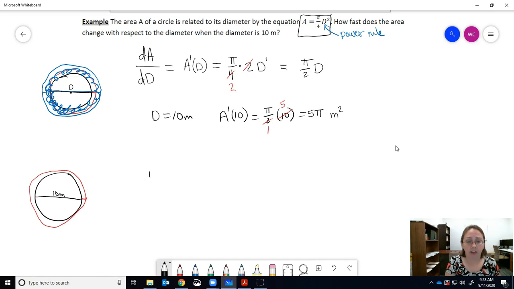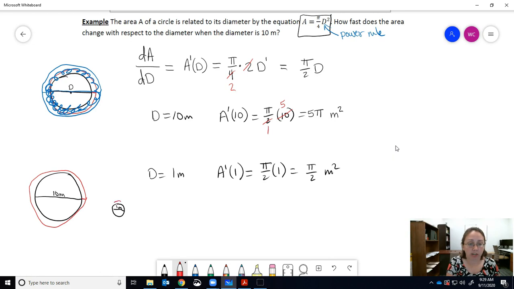On the other hand, if our diameter was only 1 meter, what rate of change would our area see? I want you to see the difference here. Take your derivative, plug in 1 meter. That would just be pi over 2 meters squared. So when your diameter is smaller, 1 meter, a small change in your diameter will only increase the area by a smaller change.